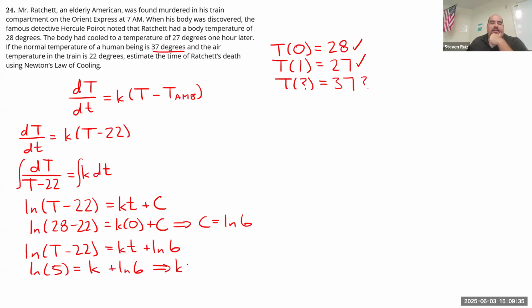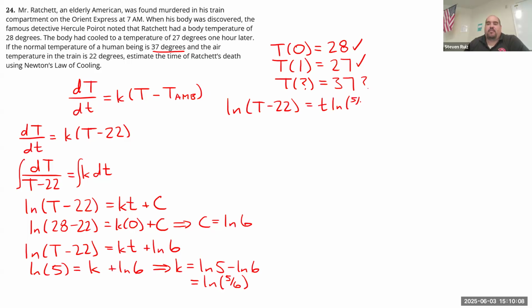Which means that K is equal to natural log of 5 minus natural log of 6, which, if you remember your properties of logarithms, is equal to the natural log of 5 over 6. So now I have both my constants settled. What does my equation look like now? The natural log of T minus 22 equals t times natural log of 5 over 6, plus the natural log of 6.